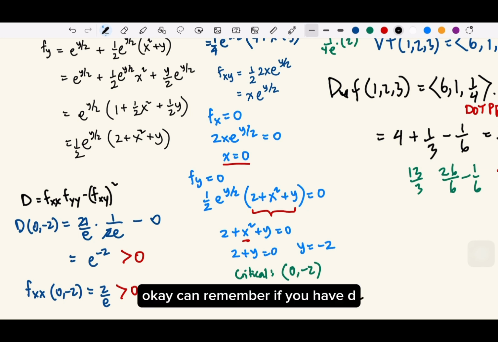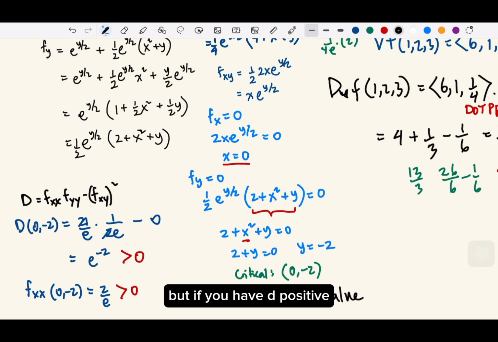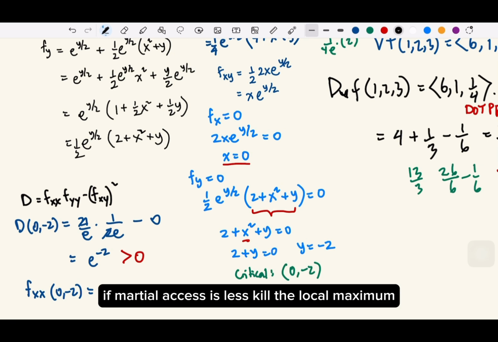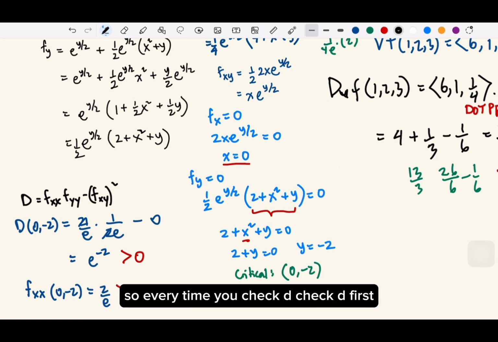Okay, remember, if you have D, but if this is less or negative, it will be a saddle point directly. But if we have D positive and we check the partial xx, if partial xx is less, it will be local maximum. But if this is positive, it will be minimum value. So every time you check D first.